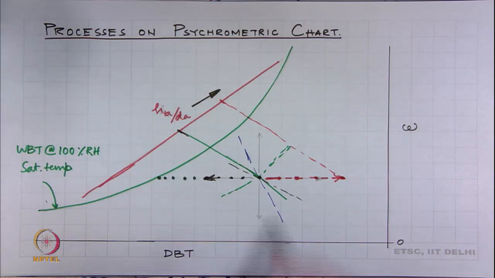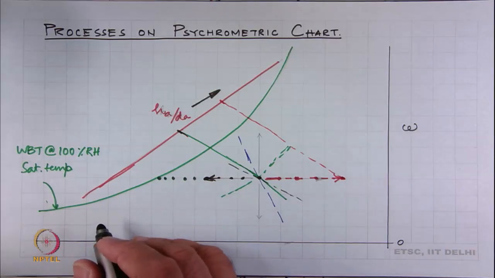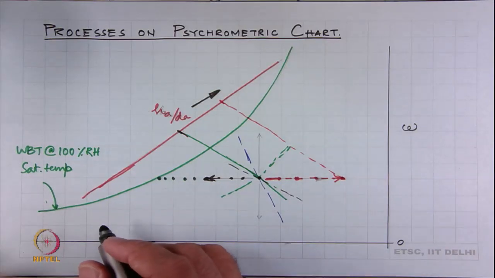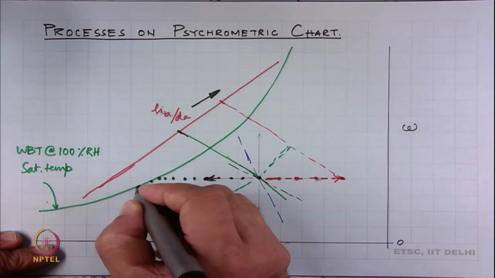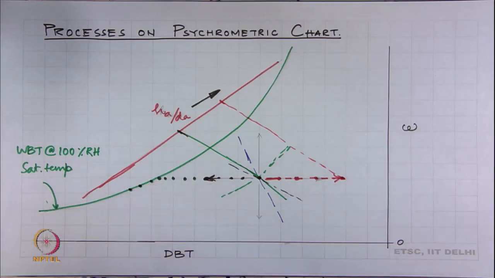Up to this point, everything that we said so far is perfectly fine. Now, what happens if you continue cooling it further? This is where the situation becomes tricky, in that any further cooling will not cause just a cooling effect, but will also cause moisture to precipitate. So, the states will then start following this line.